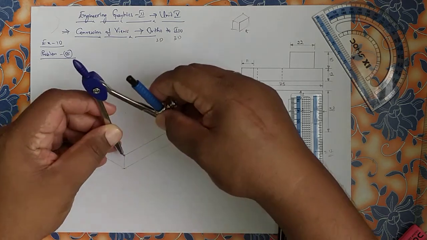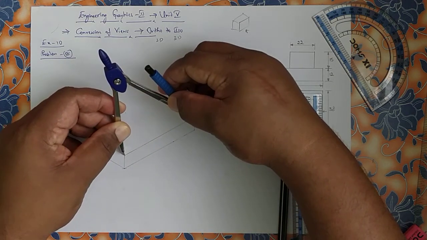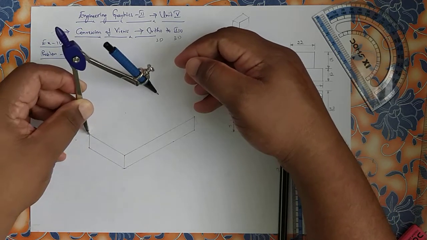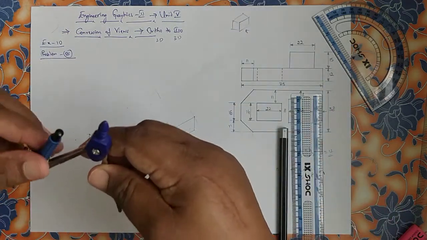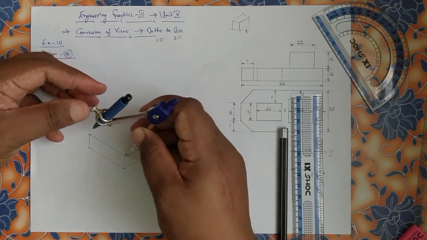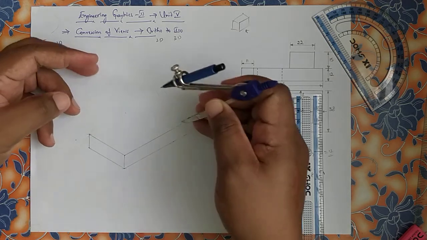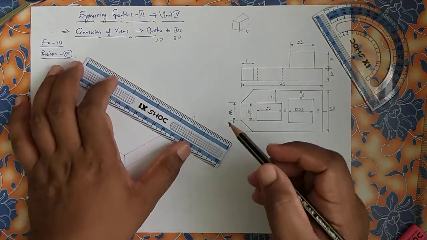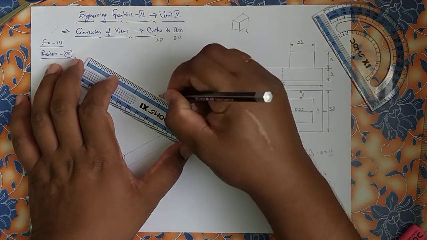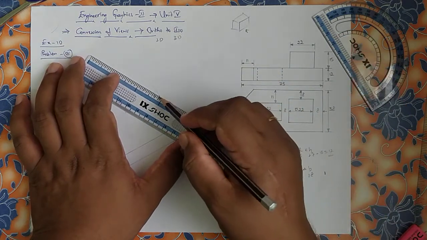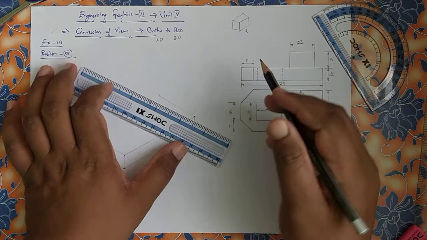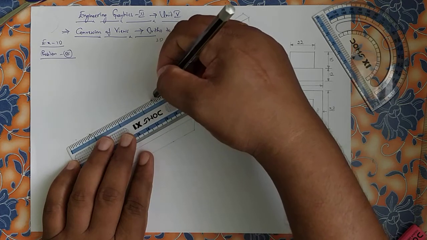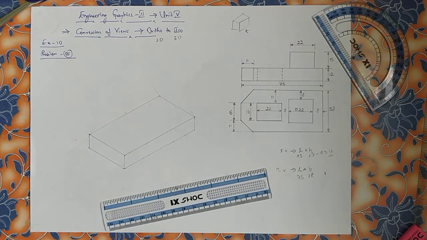Now once again this length by breadth. Simple, we have done everything in light.